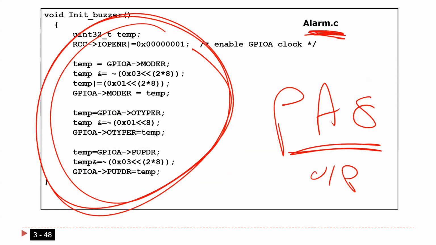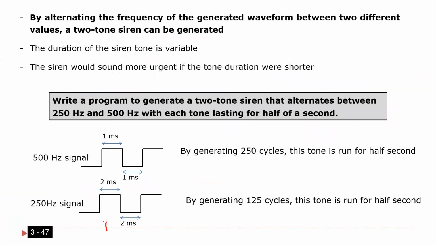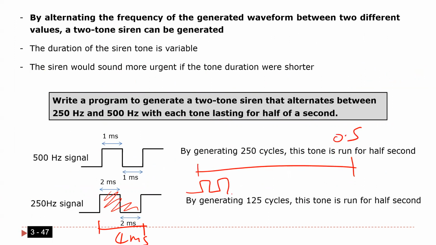Again, if I go back here, this is the period I'm going to generate from here to here. It's going to be 4 milliseconds. So in every iteration, I'm going to generate one cycle. If you want to generate half a second, how many cycles do I have to generate?